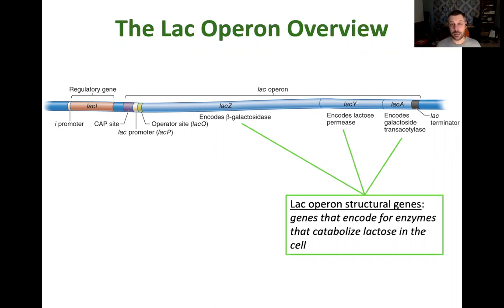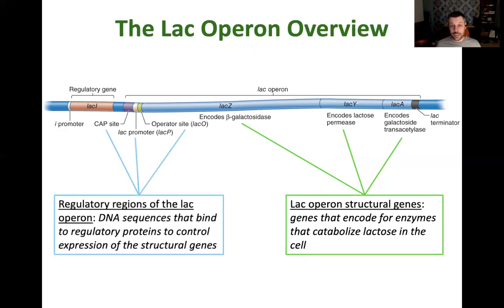Lac Z contains the instructions to make beta-galactosidase, which cleaves a lactose molecule in two. Lac Y encodes basically a membrane channel that allows lactose into the cell, and Lac A encodes this galactosidase transacetylase that we're just not going to worry about for the time being.